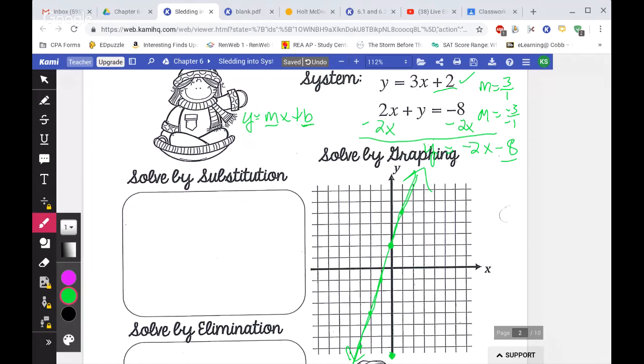My slope is negative 2. So that's either going to be negative 2 over 1, or it's going to be positive 2 over negative 1. So that means I'm going to travel in one negative direction and one positive direction. So if I go up 2, 1, 2, I would go left 1.